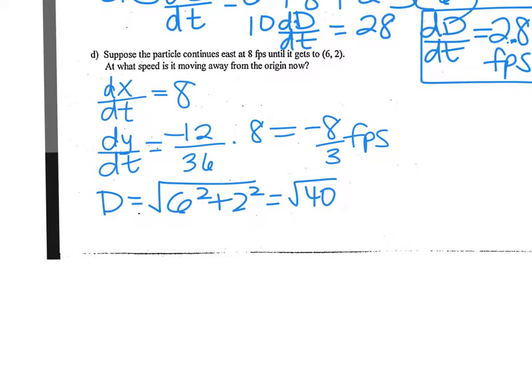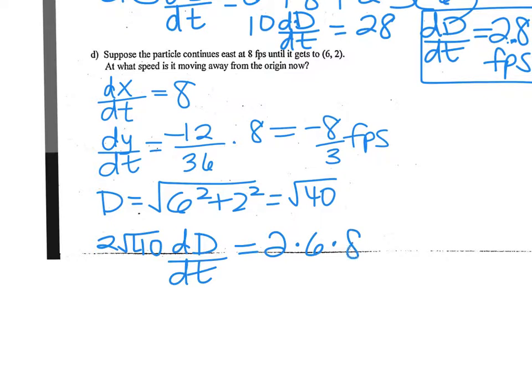Okay, so let's go ahead and plug in. Here we go. We have 2 times rad 40 dd dt equals 2 times x times dx dt. So 2 times 6 times dx dt is 8. 2 times 6 times 8.